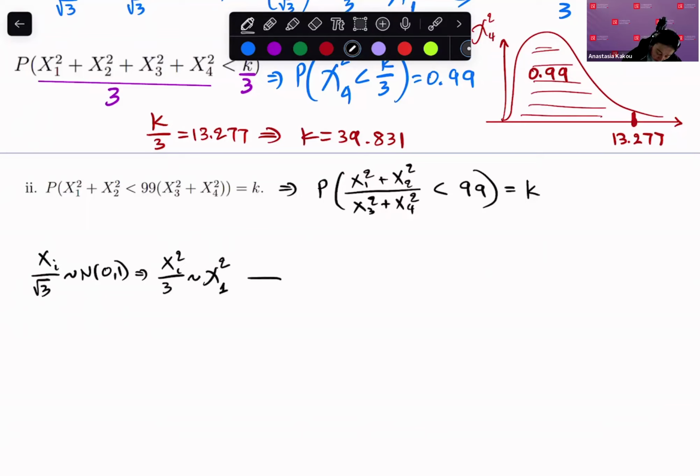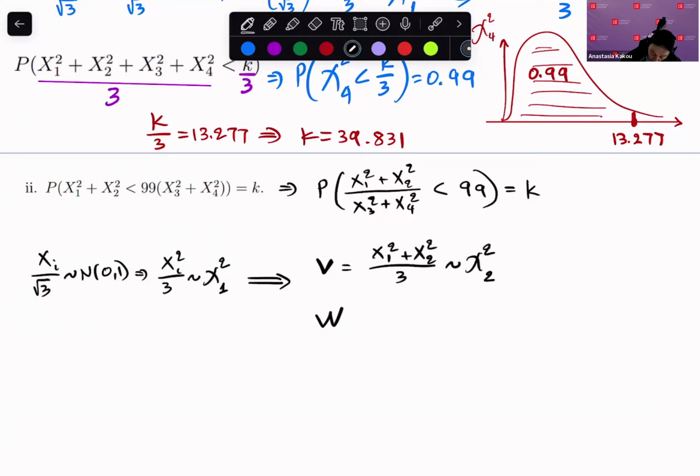And then you take independent sums. Okay, so you end up with variable v, let's say, which is x1 squared plus x2 squared over 3, and that has a chi-square distribution with 2 degrees of freedom.